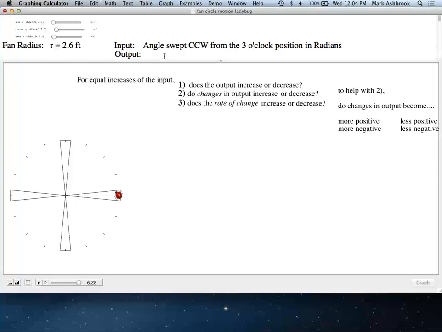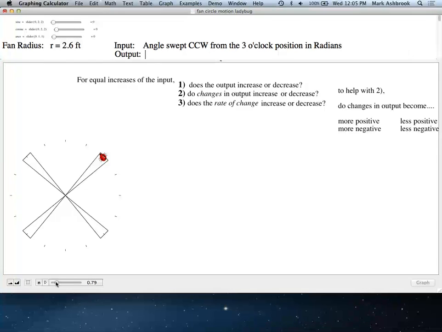And so where we left off last time, we were looking at vertical distance. As the fan turns, we can track the vertical distance above the horizontal diameter.